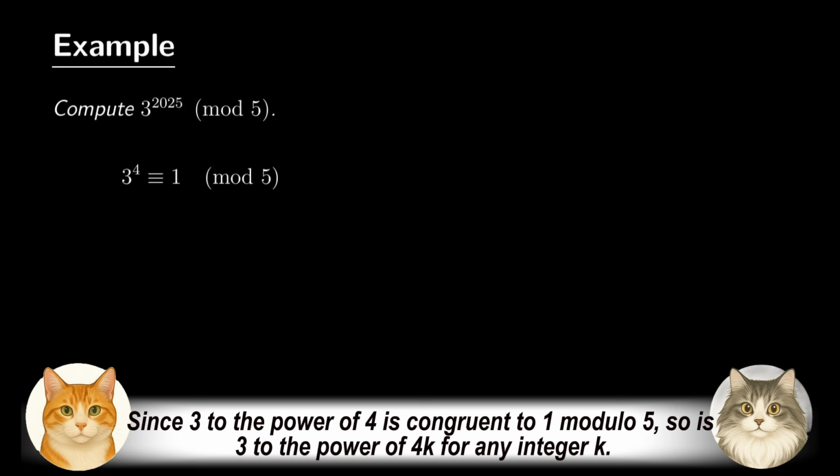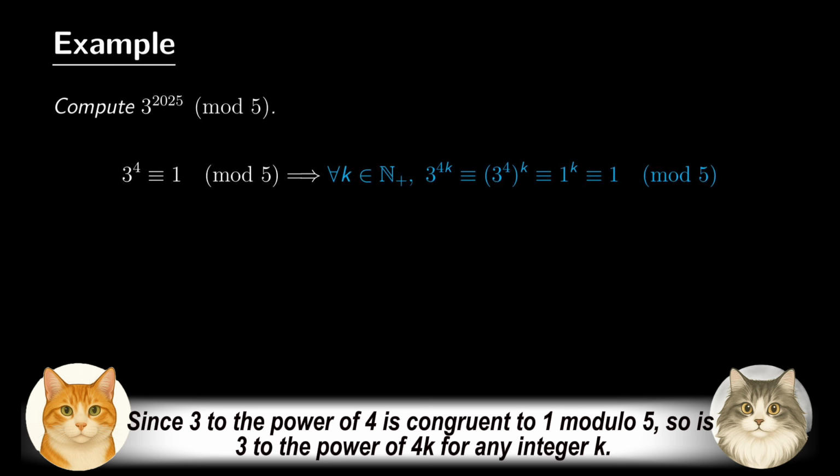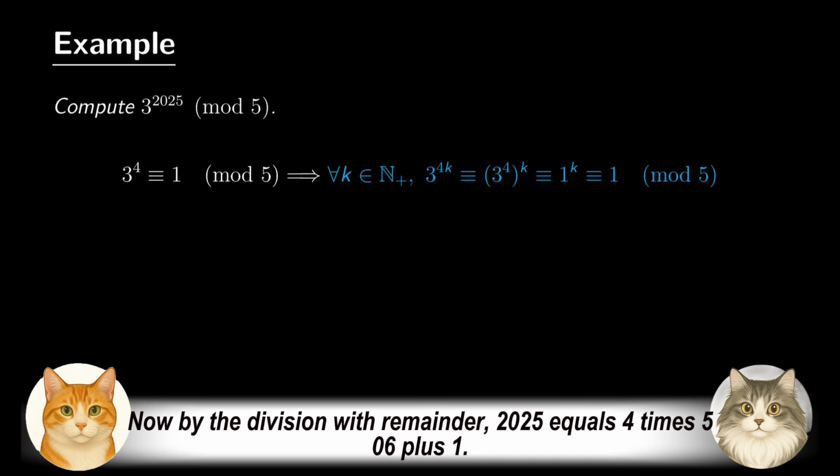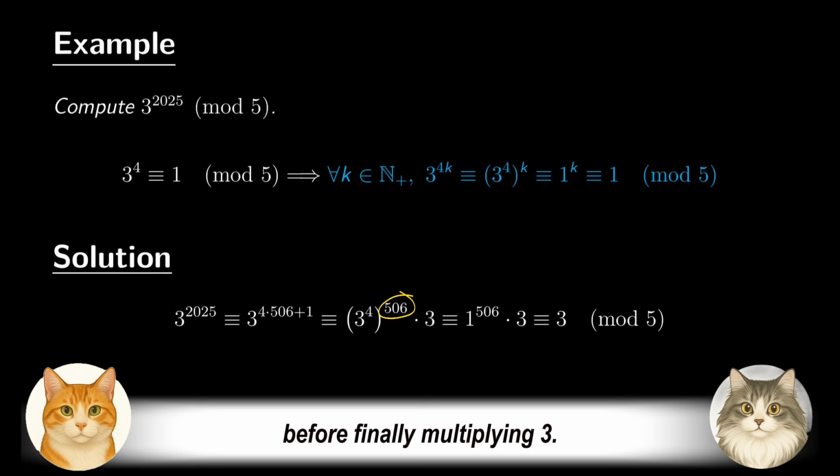Since 3 to the power of 4 is congruent to 1 mod 5, so is 3 to the power of 4k, for any integer k. Now by the division with remainder, 2025 equals 4 times 506 plus 1. It follows that 3 to the power of 2025 can be written as 3 to the power of 4, and then to the power of 506, before finally multiplying 3.